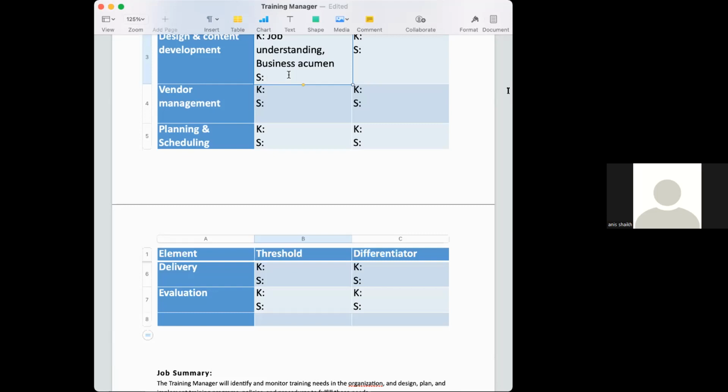Skill development, design and content development. What skill should he have? Let's put somebody who is working as a senior executive HR or assistant manager HR. What do we want him to do for us when we want to develop this entire calendar?